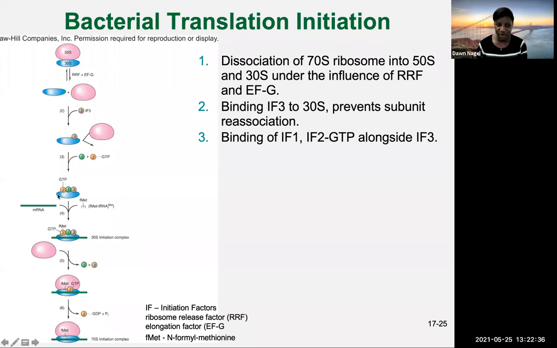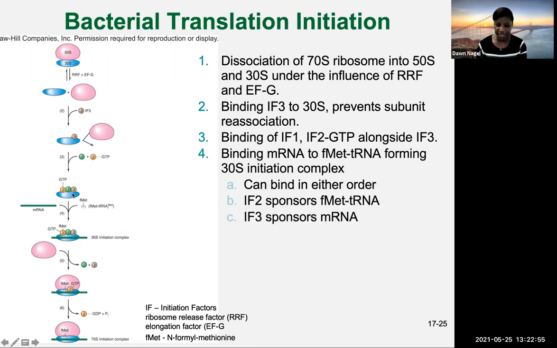Initiation factor 2 has a GTP added to it because it helps to provide energy for this process to work. So it's usually bound to initiation factor 2. And it also helps with the release of all of these factors from this small subunit. So they all get bound there.